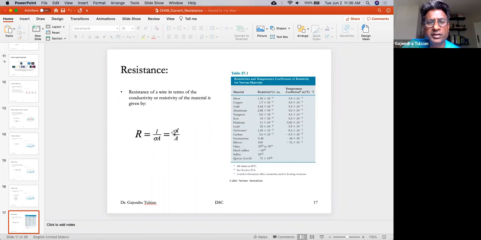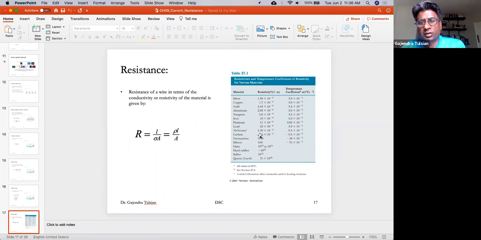This quantity, resistivity, for metals is about 10 to the minus 8. And for carbon, it's 10 to the minus 5. So carbon is a conductor, but its resistivity is about 1,000 times greater than copper.